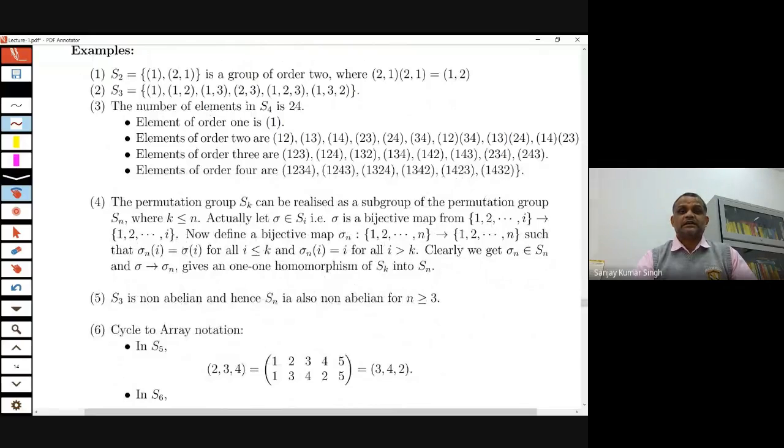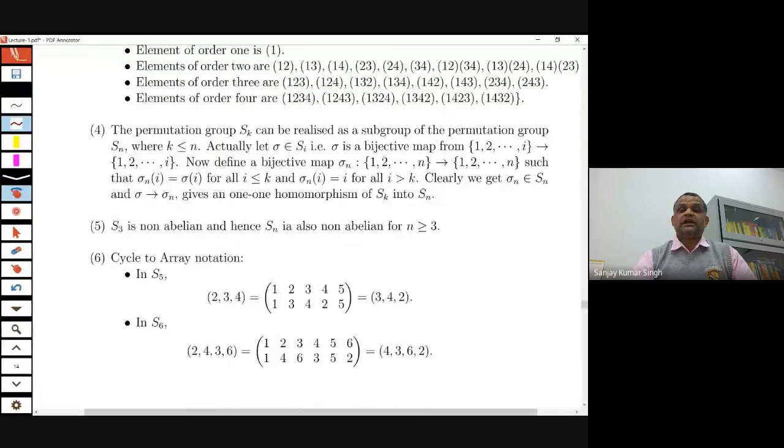So examples: S2 is the permutations of symbols 1 and 2. So all bijective maps from {1,2} to itself, and they are represented like this. Similarly, I can define S3. Some more remarks: I can consider the permutation group S_k inside S_n. And how can we do this? Suppose I have a bijective map on a set of cardinality k, and I want to produce a bijective map on a set of cardinality n.